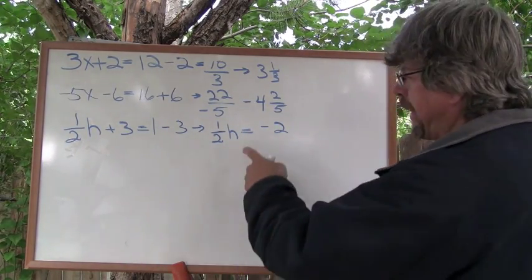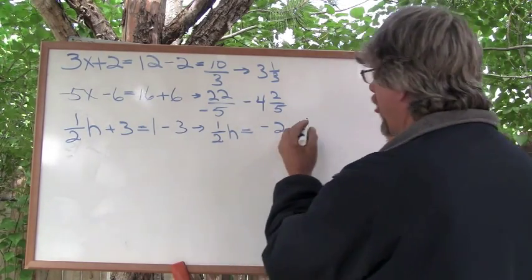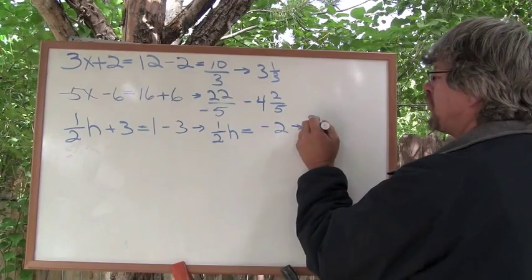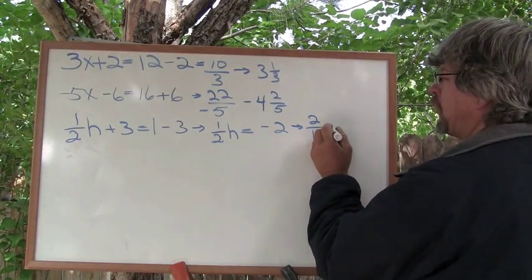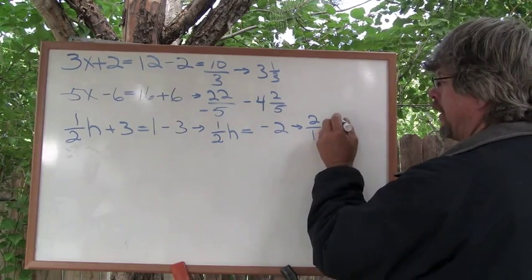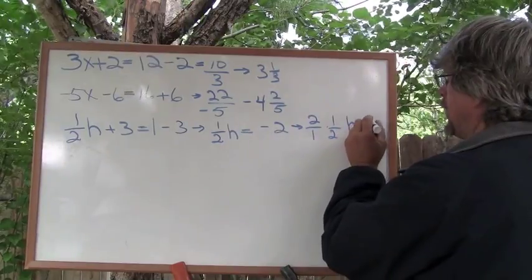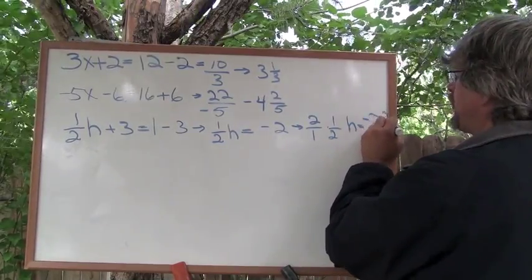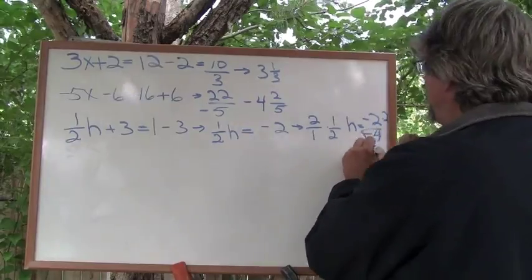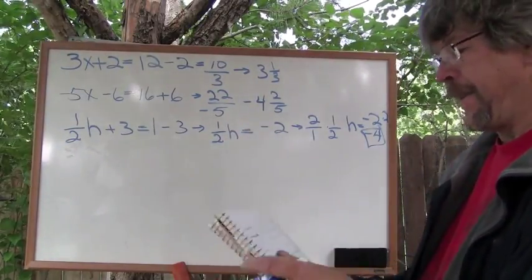And then to isolate h, we multiply by the reciprocal of 1/2, which is 2/1, or just 2, times 1/2 h equals negative 2 times 2, which is negative 4. And our answer becomes h equals negative 4.